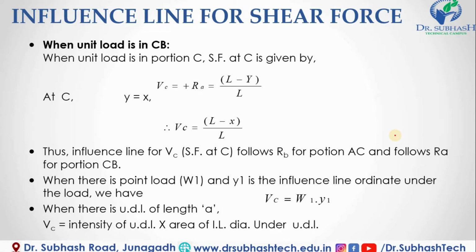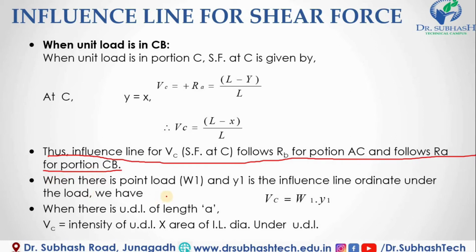Thus the influence line of shear force at C follows RB for portion AC and follows RA for portion CB. You have to note this down. This is a very important line. For any simple beam, when you draw the shear force at a particular section like C, follow RB for portion AC, meaning unit load on the left-hand side, and follow the reaction RA for portion CB, meaning unit load on the right-hand side.